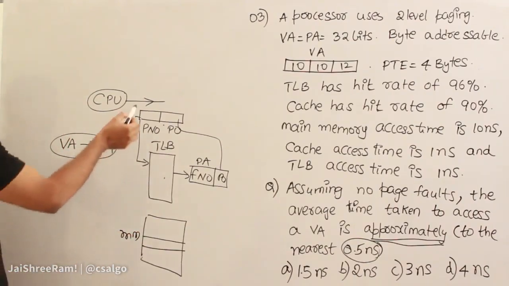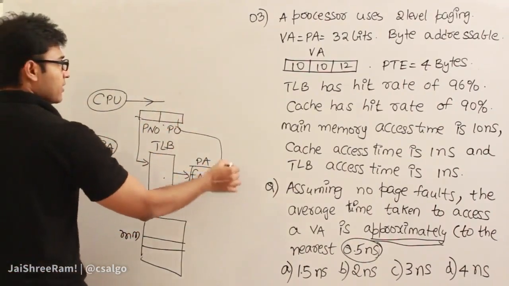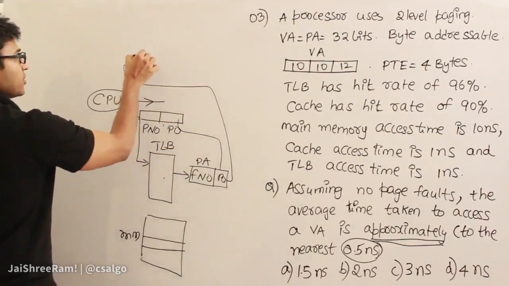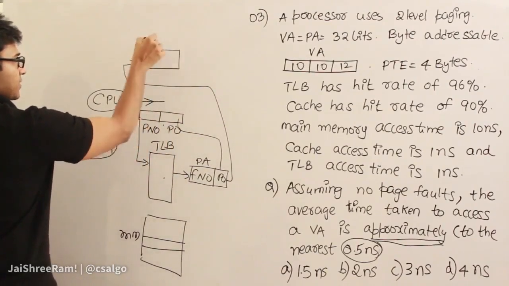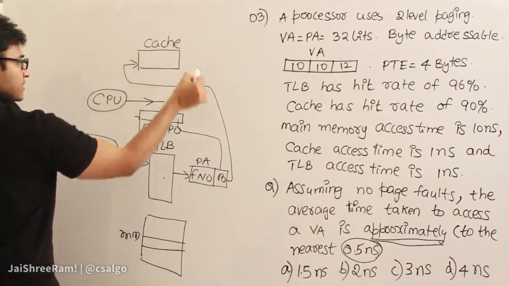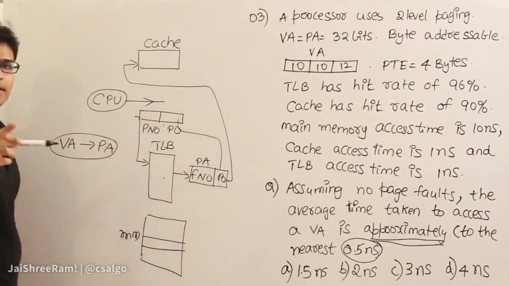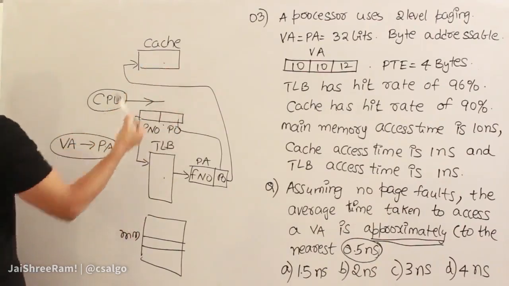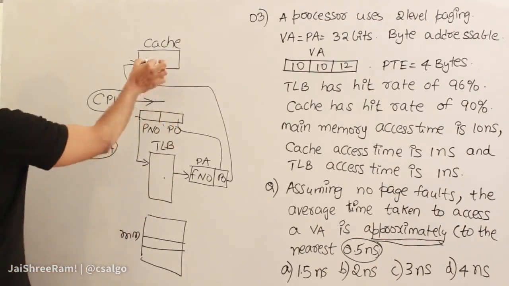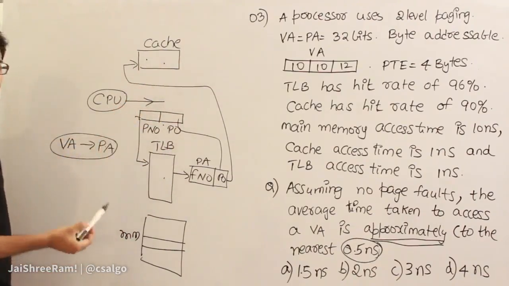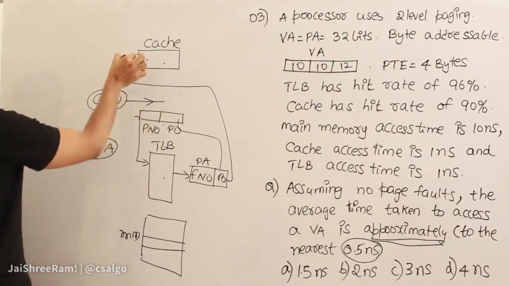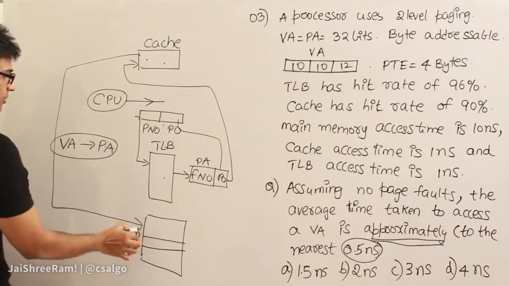And now once we get the physical address, the CPU is going to have something called cache. So there are chances that the word or byte of the process which you are looking for might be present in cache. If it is present in cache, you can directly give it to the CPU, right? If it is not present in cache, again you have to go into the main memory, right?